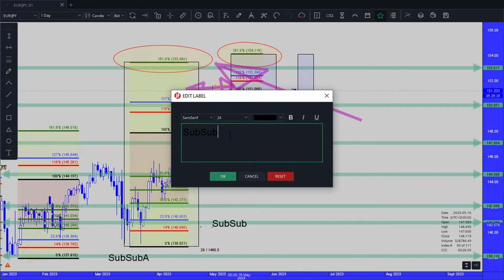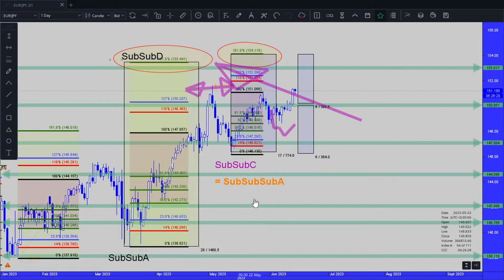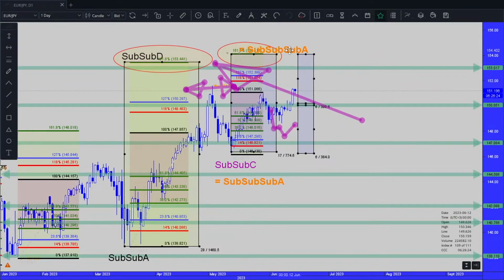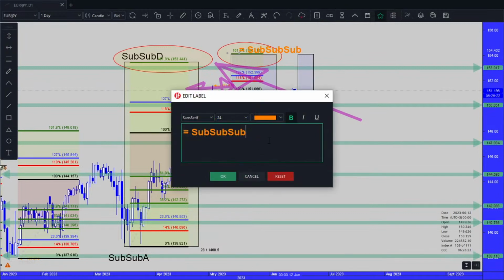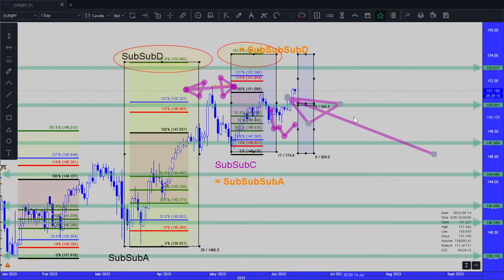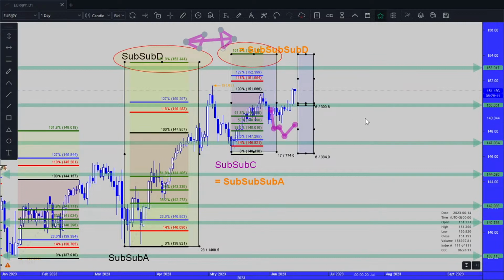Can you see it, everybody? The projected sub D extension is going to happen before the extension. Type in the chat, everybody, yes, I can see it, or type in the chat, no, I don't see it.